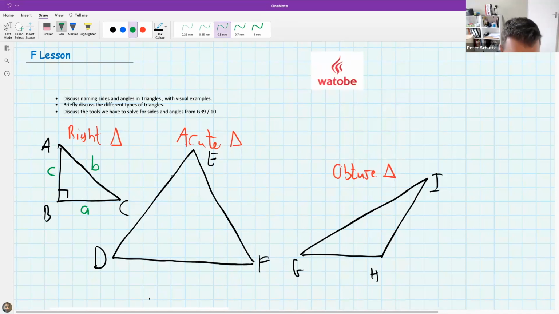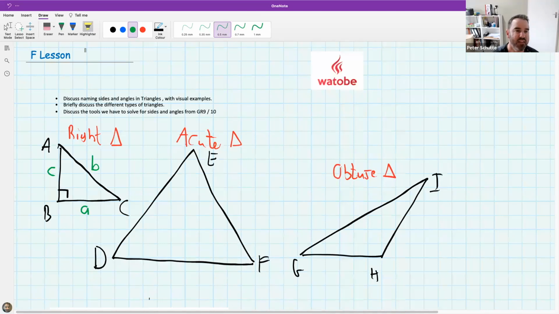What we do is we give the big letters to the corners, or the vertices, and we give the little letters to the side opposite that big letter. If you haven't seen that before, don't worry. That's why you're here, to learn about how we talk about triangles.